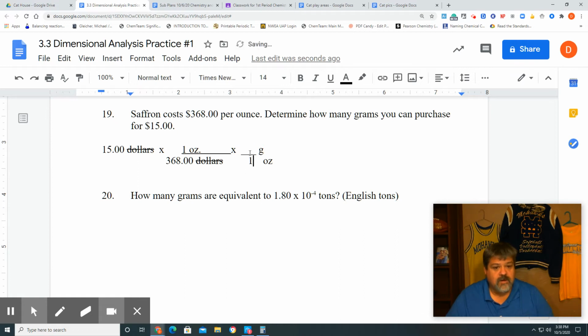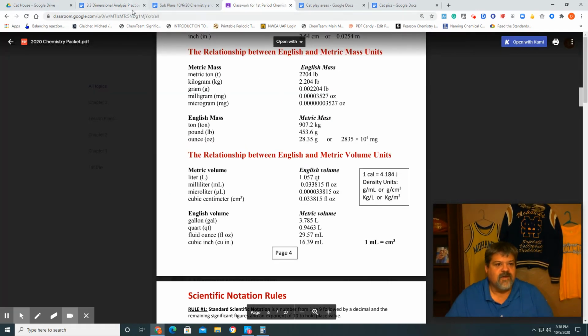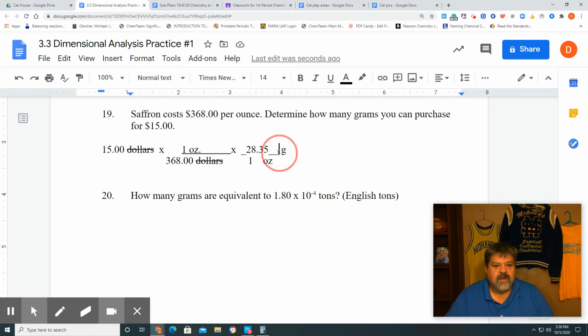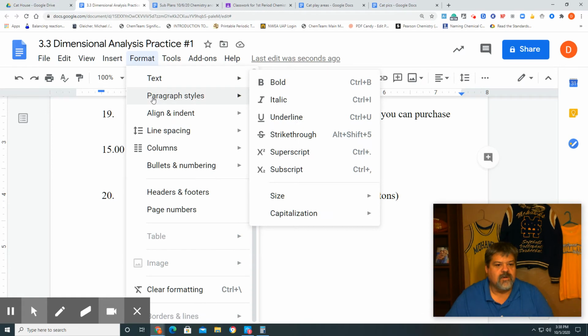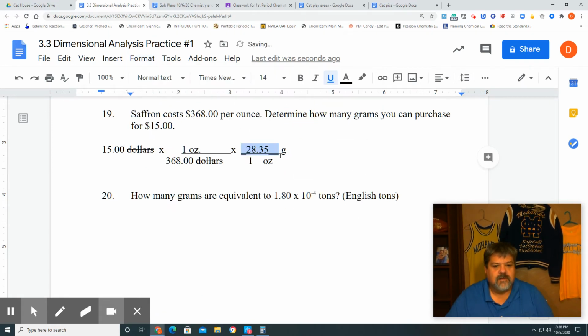So I put a 1 here, and up here we're going to put 28.35. Double check that. 28.35, that's correct. And we're going to get rid of this, and we're going to underline that. And put the 5 there.